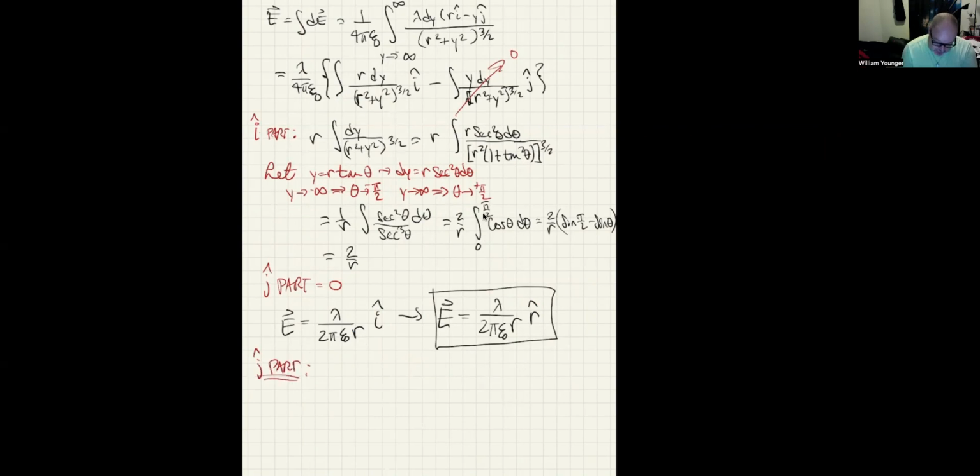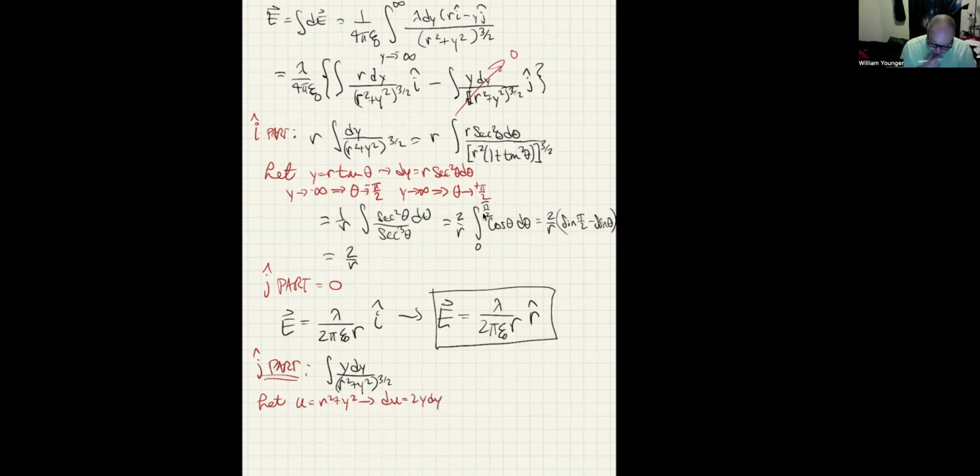So this integral turns out to be just, I'm leaving off the negative, the integral of y dy over r squared plus y squared to the 3/2. This time I am going to say let u equal r squared plus y squared, then du will equal 2y dy.